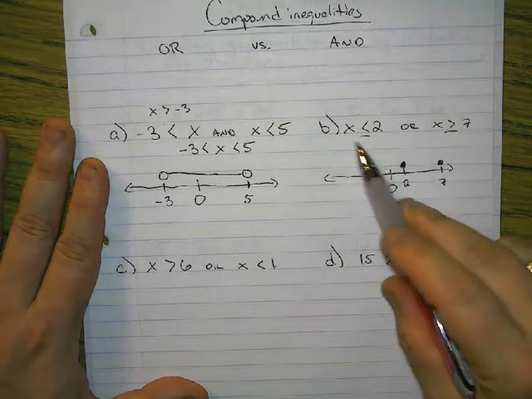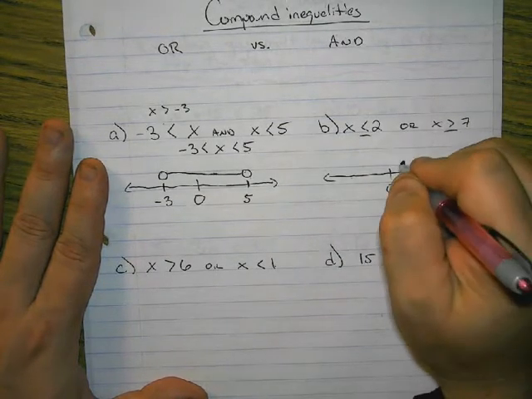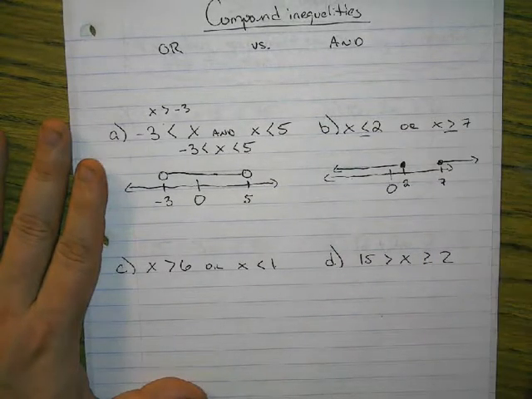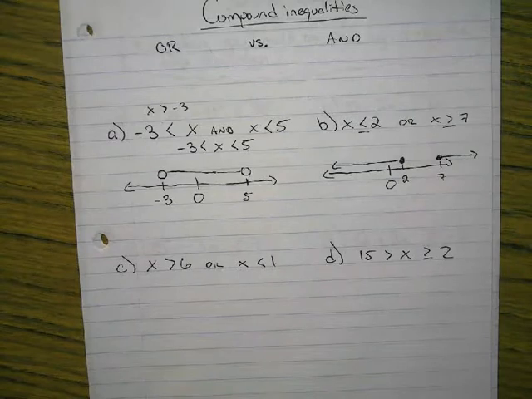But on this one, it's obvious to us that x goes left from the 2 and right from the 7. So x is most numbers, it's just not those numbers in between 2 and 7. Negative 1, can x be negative 1? Sure. Can it be 4? No. Can it be 7? Yeah, because it's a closed circle. Any questions on A or B?